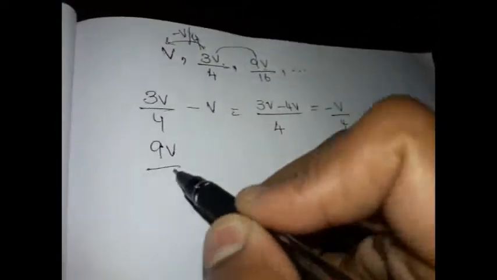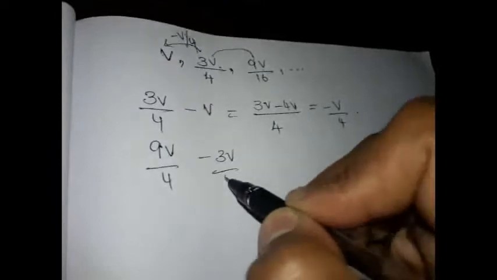Let us check what is the difference between these two. 9V by 16 minus 3V by 4. So the difference here is not the same. So it is very clear, it does not follow a common difference.